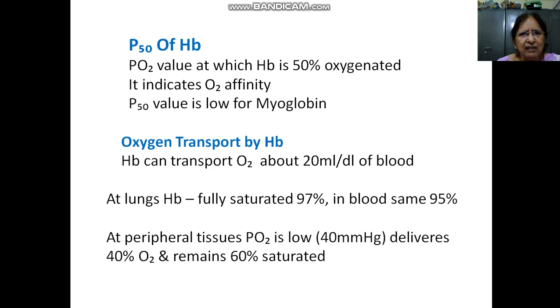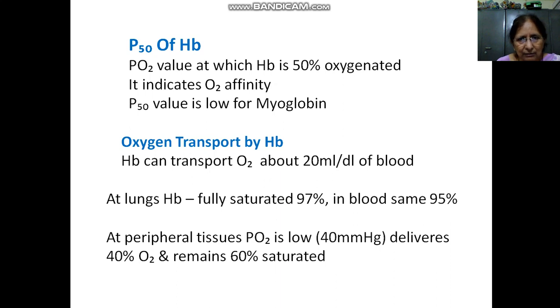The P50 is the partial oxygen pressure at which the hemoglobin is 50% oxygenated. This indicates the oxygen affinity of the particular molecule, and the P50 value for myoglobin is lower than hemoglobin, and that is why myoglobin shows a higher affinity for oxygen.